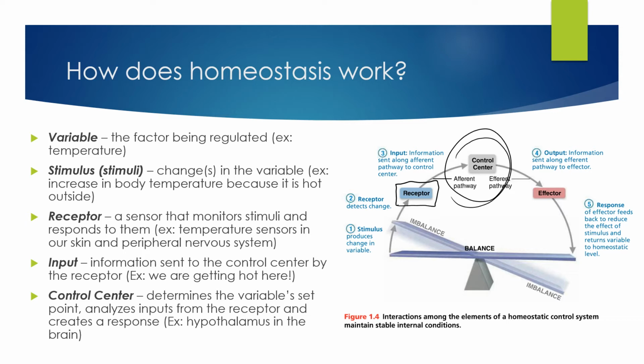Usually with this, we're talking about your brain, your hypothalamus, or your nerves, basically that central nervous system. And the control center is going to be the one that determines, well, that's not at our set point. I want our set point to be 98.6. And it's going to analyze the input and then create a response. It's going to create an output that sends that information out of the brain back into the body.